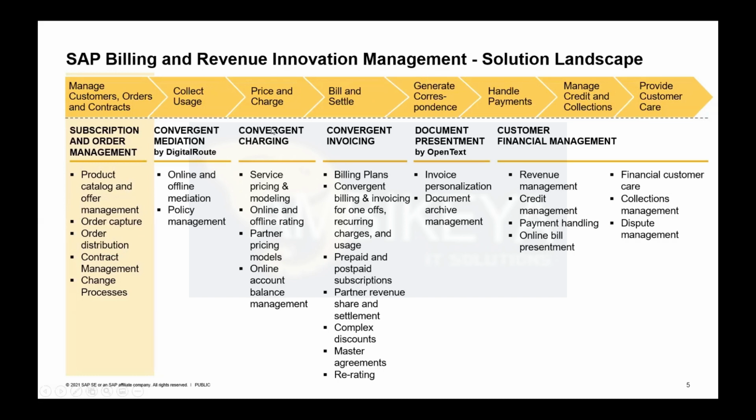We have an additional component, convergent charging, which is an SAP product, but not included in the S/4HANA landscape. The subscription order management and the convergent invoicing and financial customer care are on the same platform. And altogether we have three components.